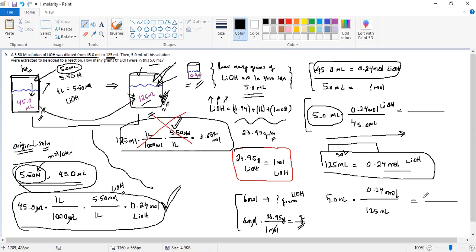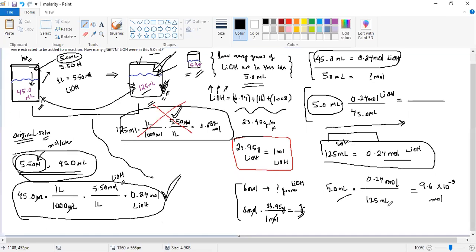After you plug this into a calculator, you would have 0.24 divided by 125.0, and you'd have 9.6 times 10 to the negative 3 moles, which you could unpack using scientific notation. But that's how many moles you have in 5.0 milliliters.